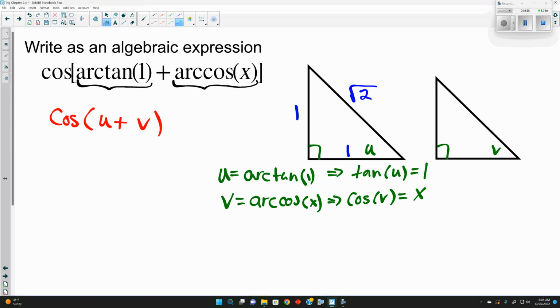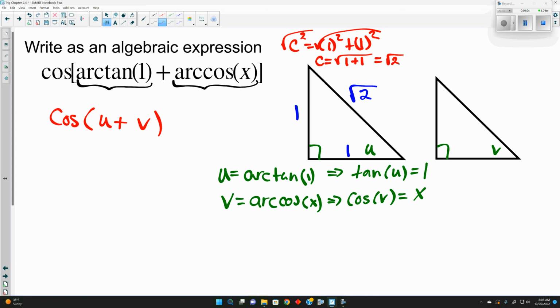And it's not too hard to prove. It's just using the Pythagorean theorem. C squared is equal to 1 squared plus 1 squared. And when we square root, we're saying C is equal to the square root of 1 plus 1, which is the square root of 2.